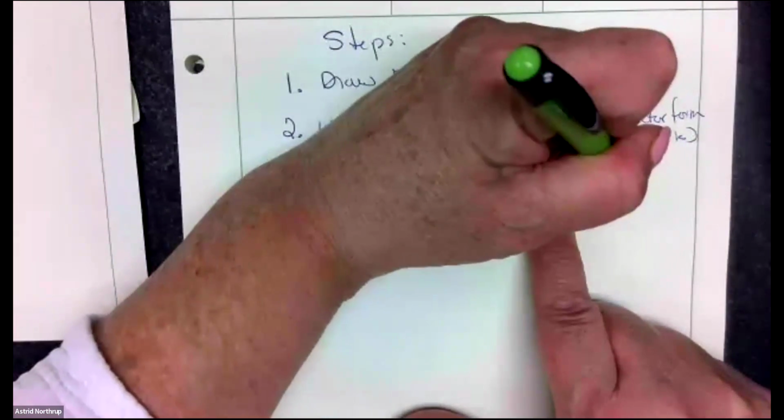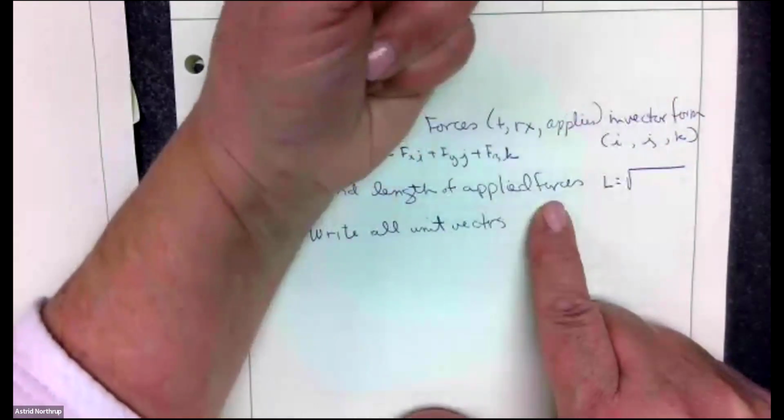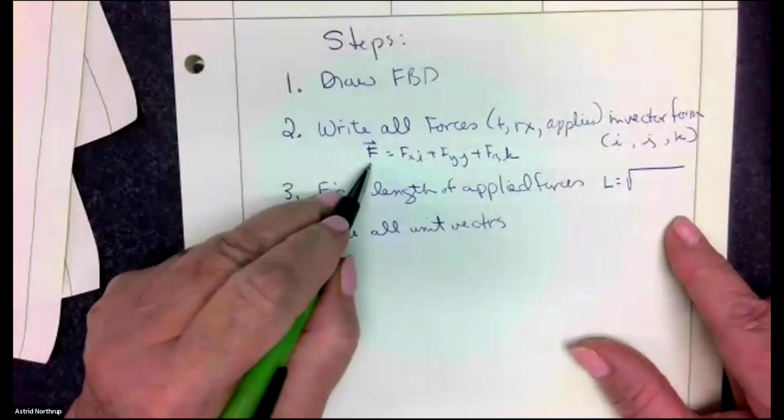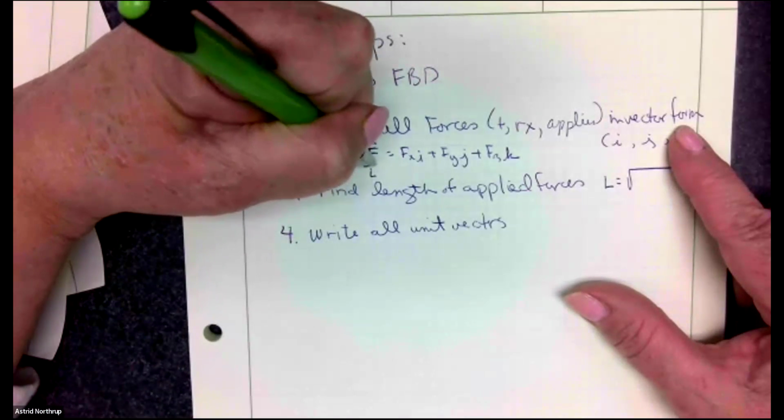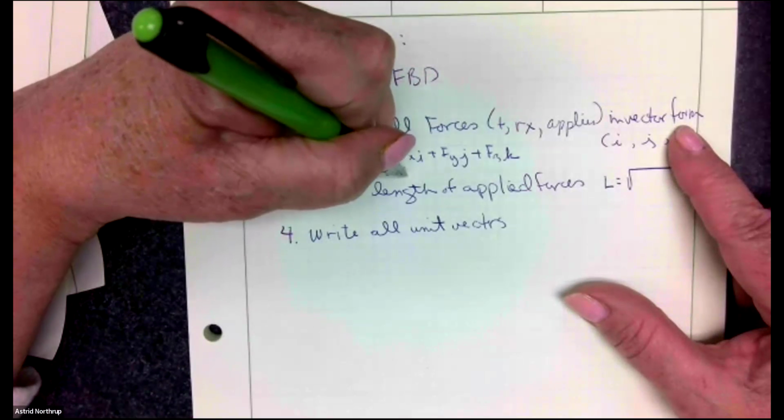Then the length is always going to be, let me put just a vector, let's call it length. This is probably what you're going to have.